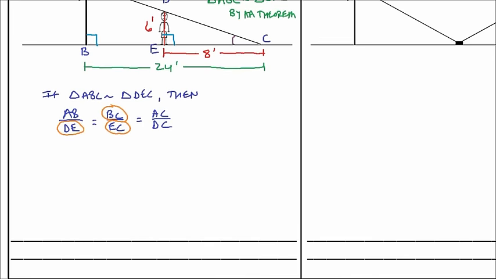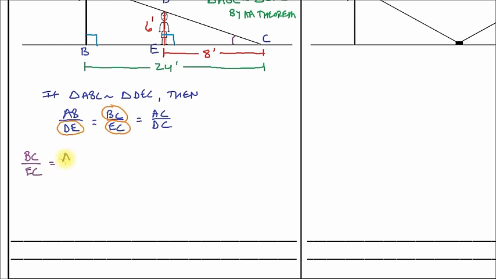So let's set up our proportion and solve. So my proportion is going to be BC over EC. Remember, you always start off with the ratio that you know, both the top and bottom.